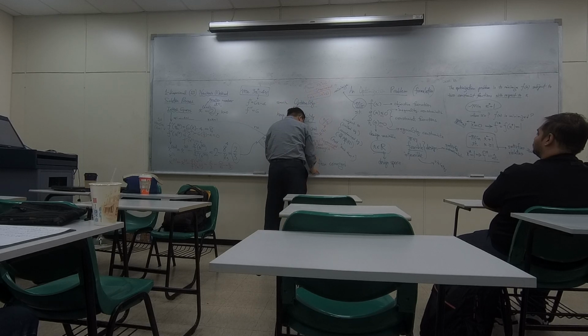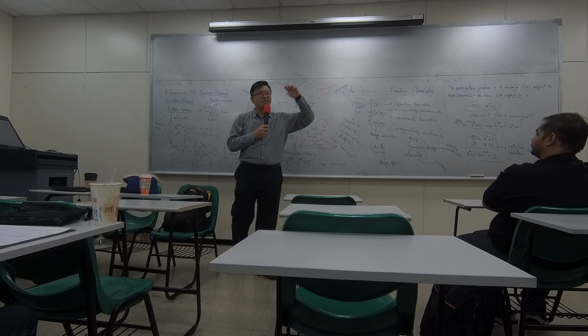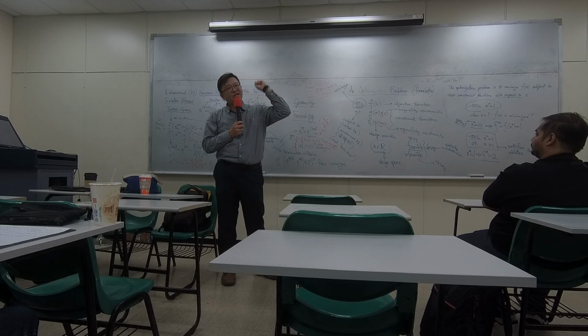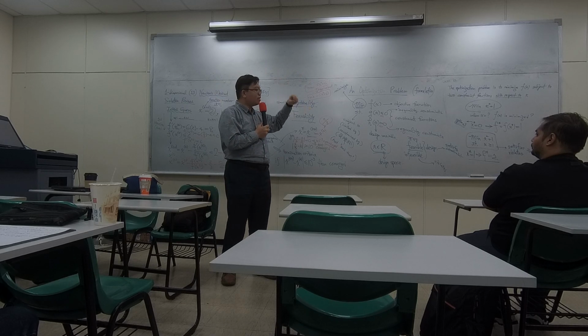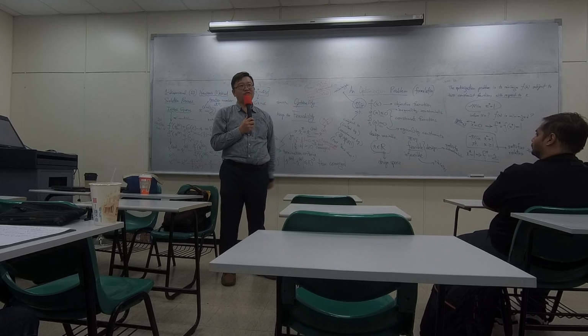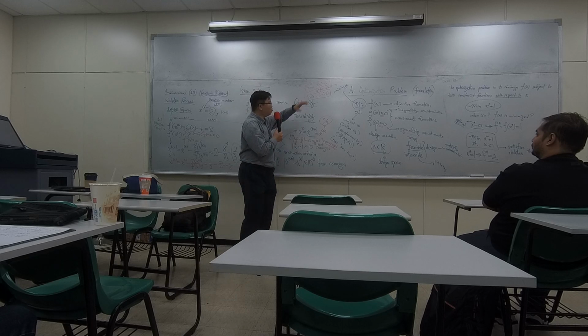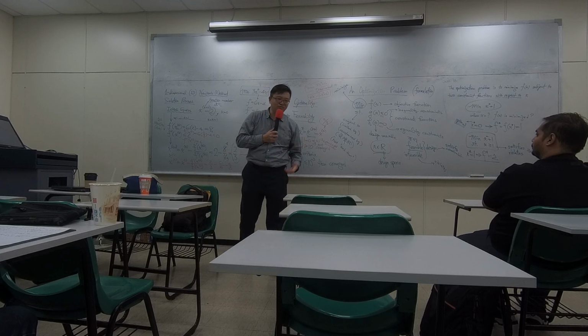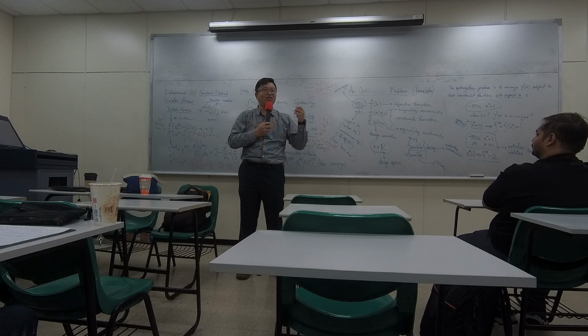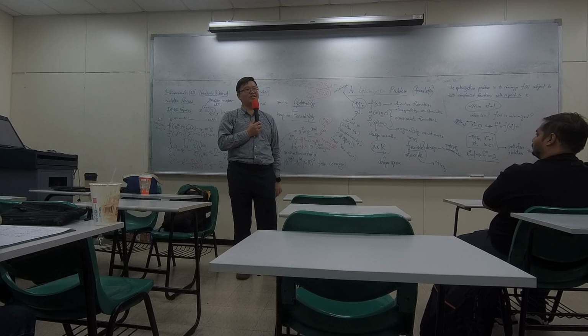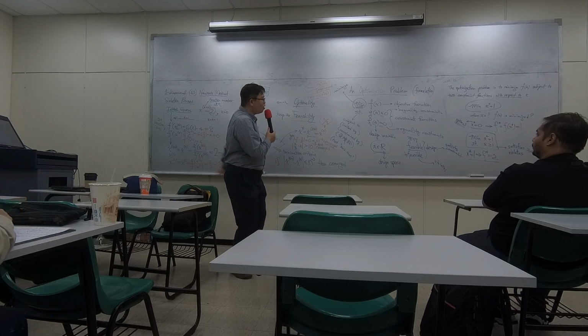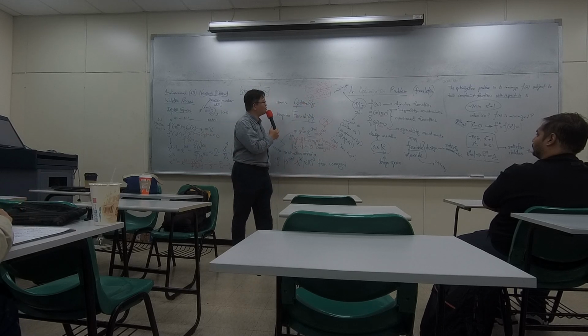Because if you want to maximize the function, that is equivalent to minimizing the negative value of that function. So in the future, let's say you want to maximize profit, you can minimize negative profit. So you can still use all the mathematical tools that we have learned.